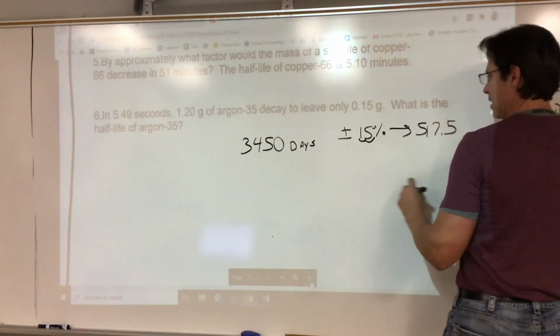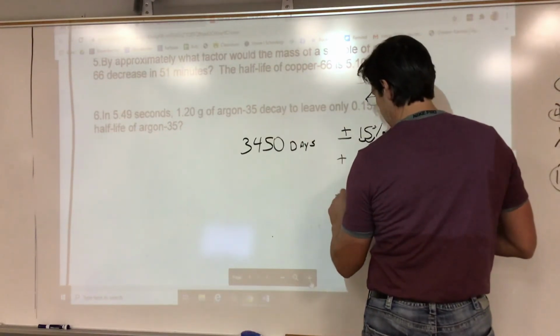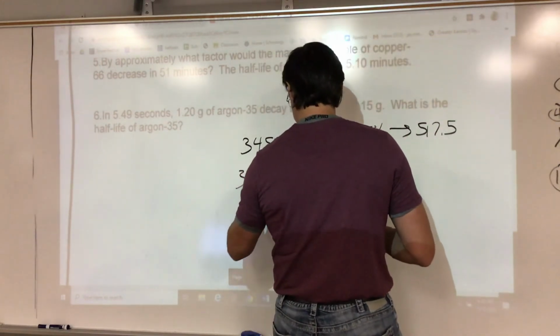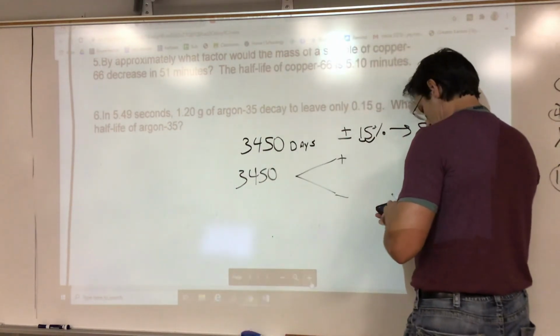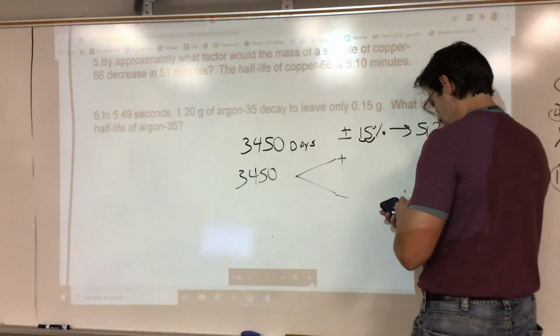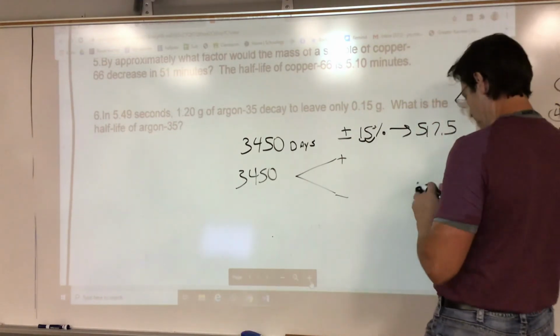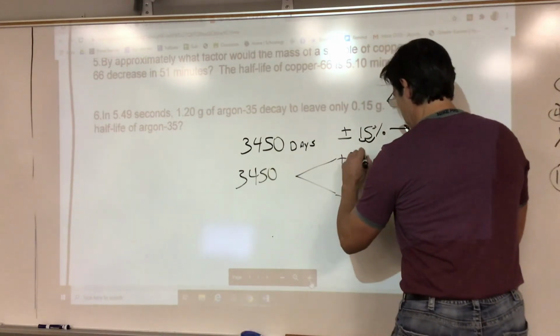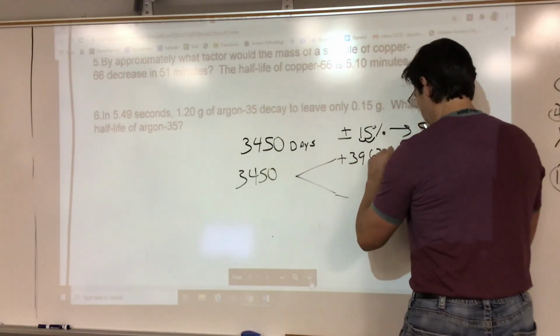15% of this is 517.5. So then I want to know the high and the low here. My base is 3,450, so I take 3,450 plus the extra 15%, which is 517.5, so that would be 3967.5.